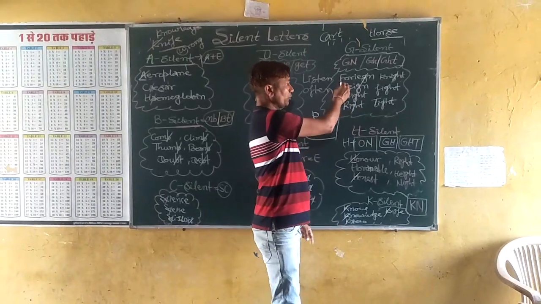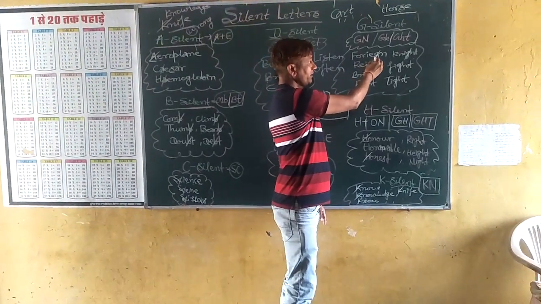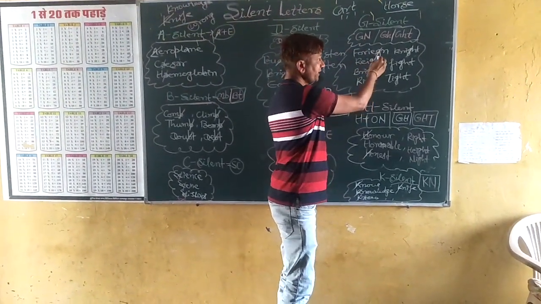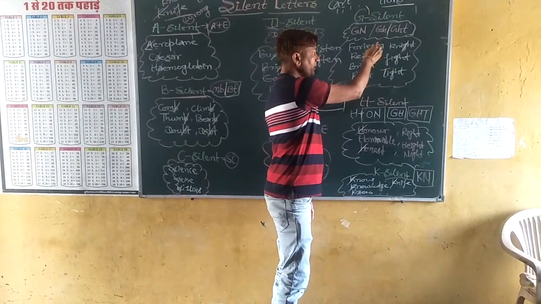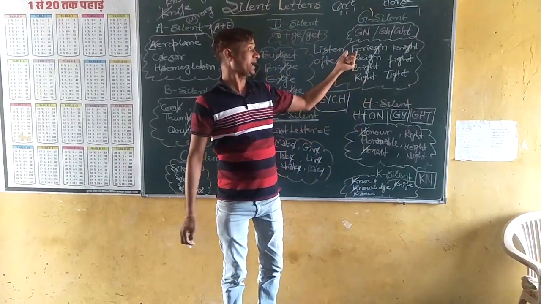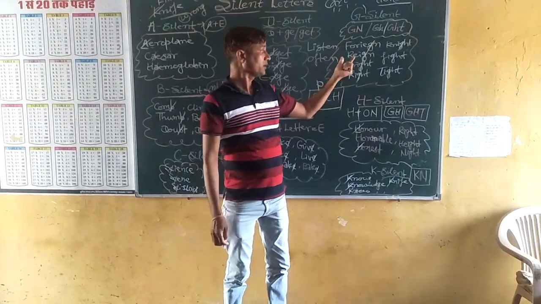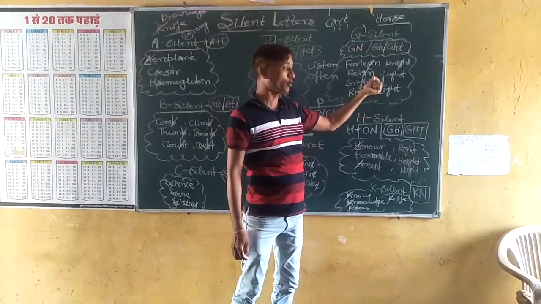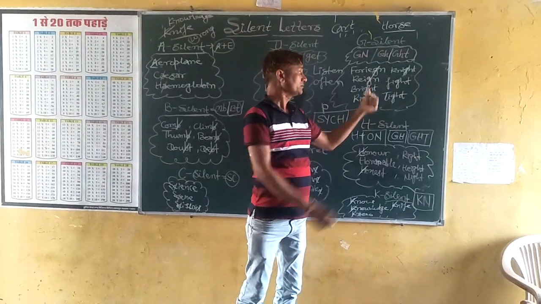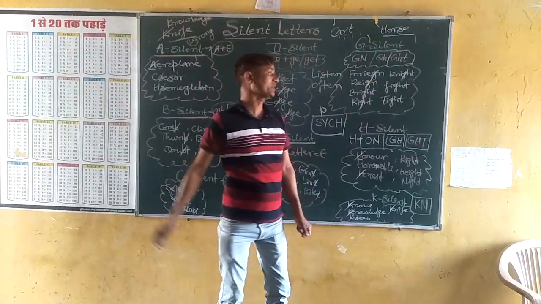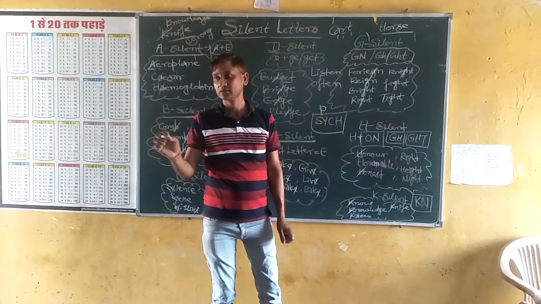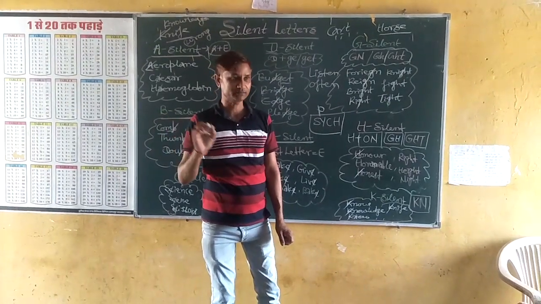As in FOREIGN, G is before N, G will be silent and we will call it foreign. REIGN, G is before N, G will be silent and the pronunciation will be rain.